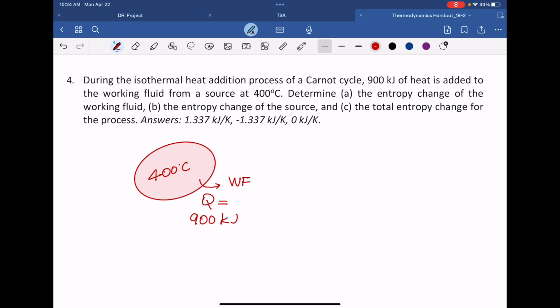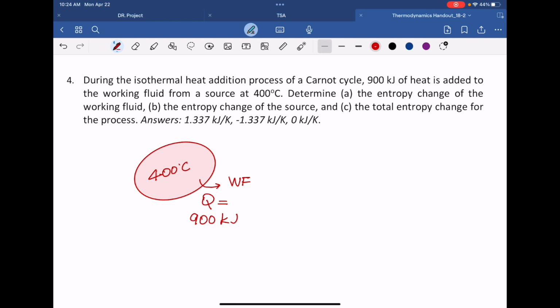Determine the entropy change of the working fluid, the entropy change of the source, and the total entropy change. Again, same type of wording. Individual systems, one is our working fluid, one is our source. Subsystems within the universe, we need to sum up their entropy changes to find the total change.